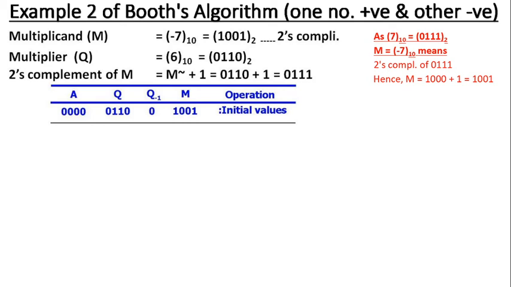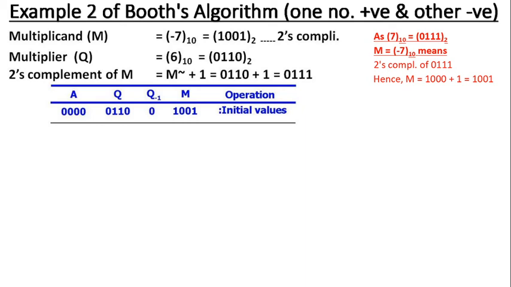Now with these initial values here, first of all, the Q0 and Q minus 1 bits in the initialized values are 0, 0. It clearly means that no arithmetic operation like A plus M or A minus M is to be performed here. Straightaway arithmetic shift right operation is to be performed as my first iteration.